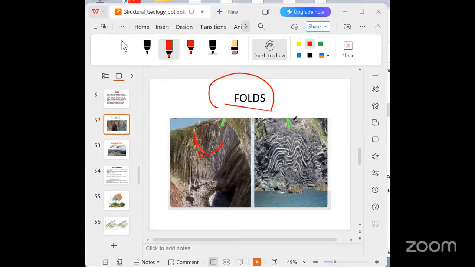Folds are spectacular and noticeable structures that can form in practically any rock type, right? Any rock type means igneous, sedimentary or metamorphic. However, they are best identified in layered rocks.